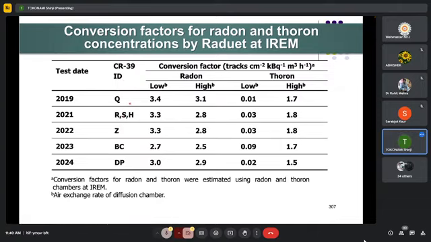The conversion factors are shown here: low and high air exchange rates for radon, and low and high for thoron concentration. The conversion factors for radon and thoron were estimated using the radon and thoron chambers at our institute.